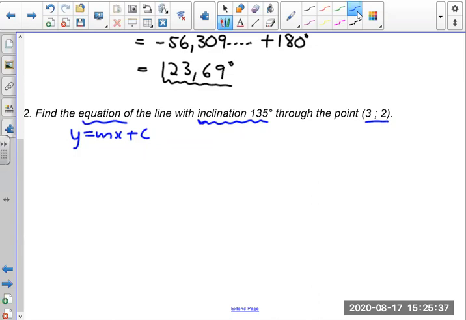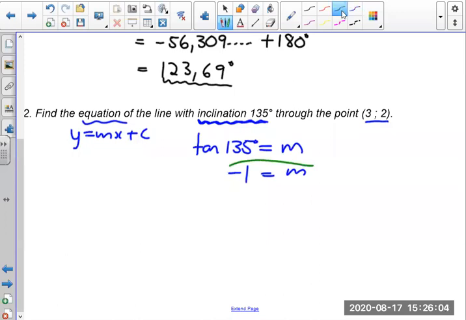But doesn't this inclination have something to do with the gradient? Yes, I know that tan of the inclination is equal to the gradient. And now if you type tan 135 on your calculator, you get the gradient is minus 1.